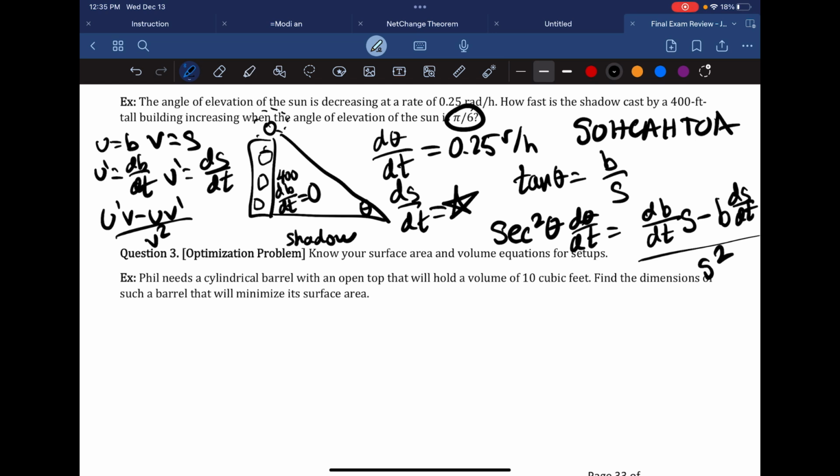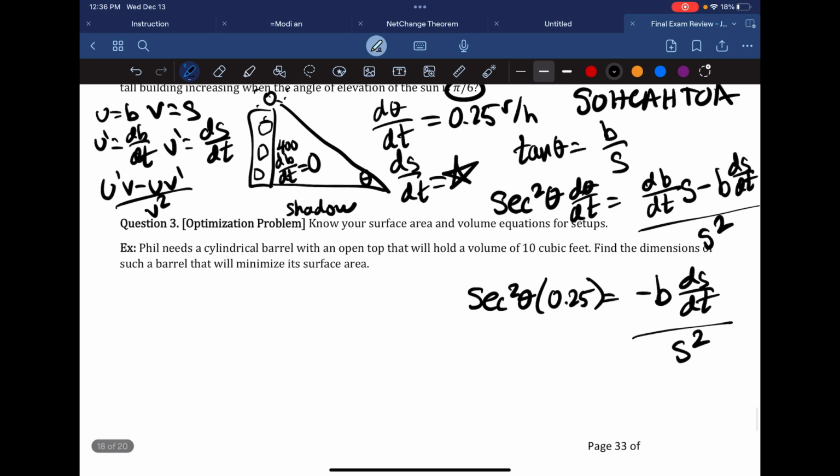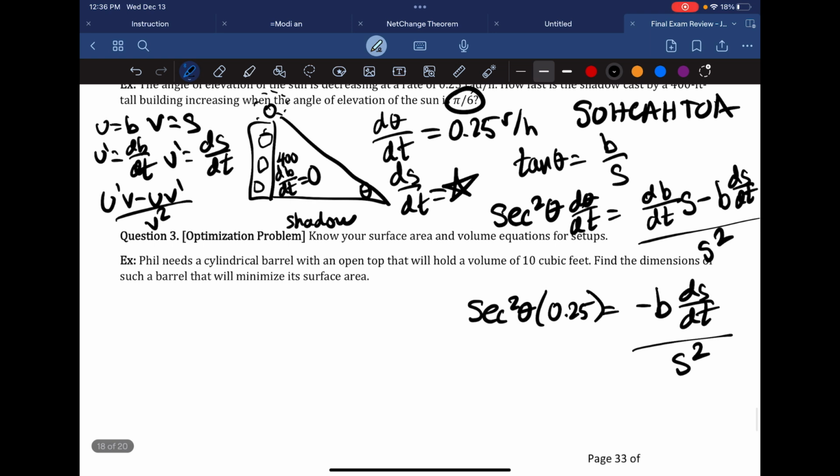So that's going to be our thing that we need to solve. And we know db dt is 0, so we can immediately say, secant squared theta, and we also know d theta dt, so that's 0.25, equals, we know db dt is 0, so we're just left with negative b times ds dt divided by s squared. And we know in our moment that theta is pi over 6.